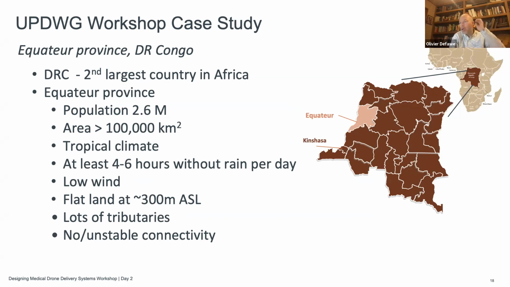The Congo River is actually going through that province, and there are a lot of little rivers, canals and tributaries. It's extremely remote with basically no connectivity when you leave the capital of Equateur province, which is Mbandaka. And even within Mbandaka, the cellular network is very poor, very unstable. Next slide.